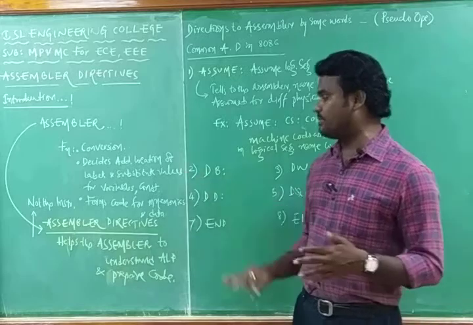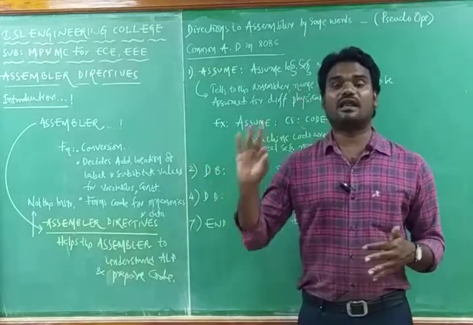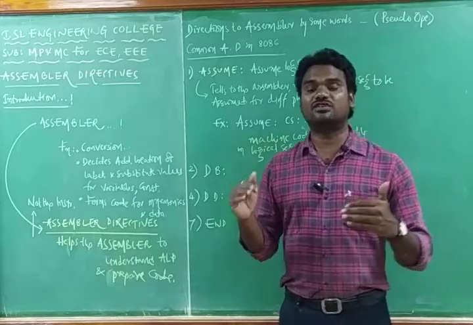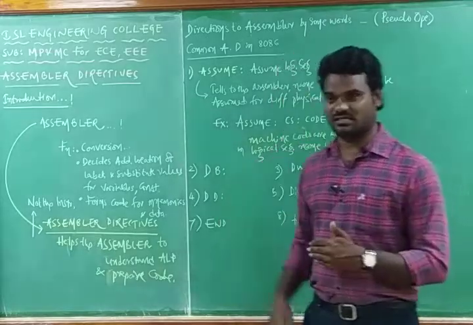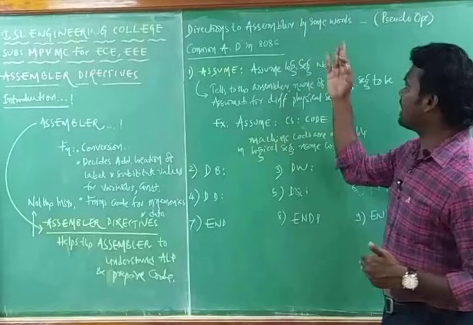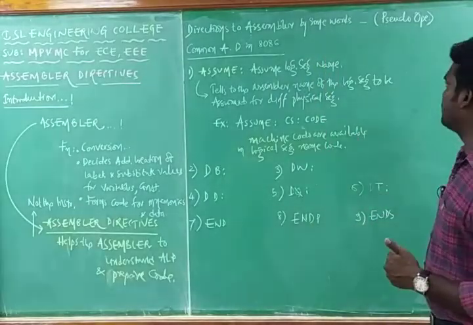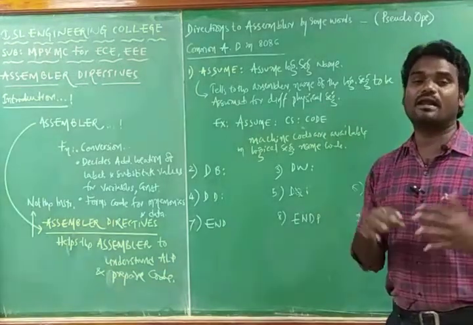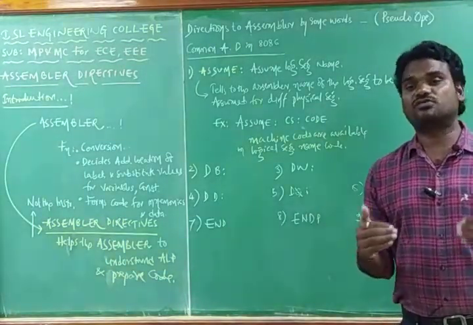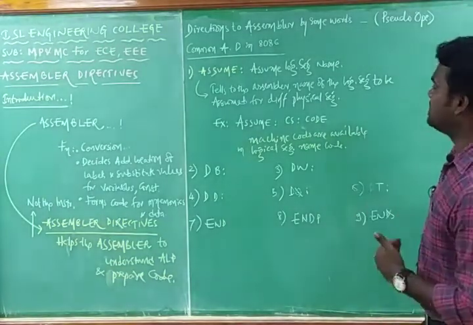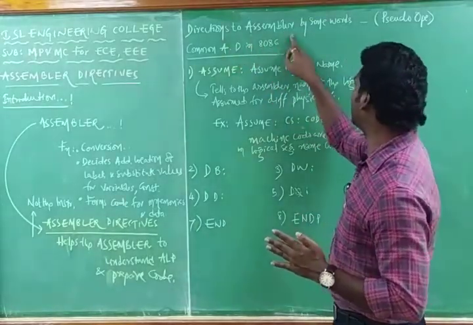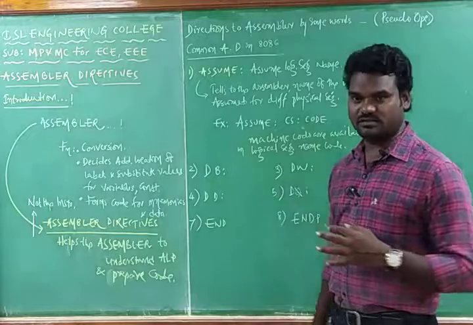You should remember that assembler directives are not instructions of the 8086 microprocessor instruction set. These assembler directives are also named pseudo operations, or pseudo operators, and they give directions to the assembler through some words.